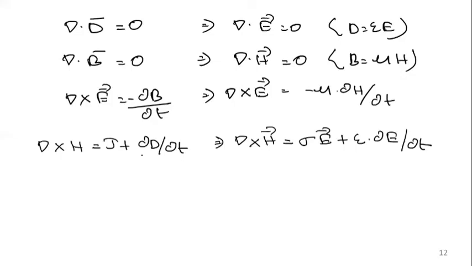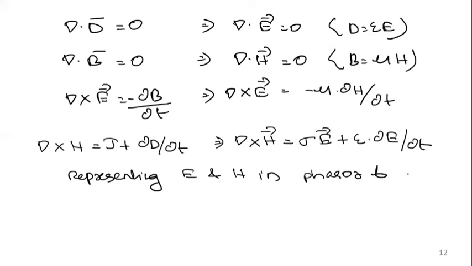Now we will represent E and H in Phasor form. You know how it is represented: Es and Hs. What Es and Hs are, we have seen in the basics.